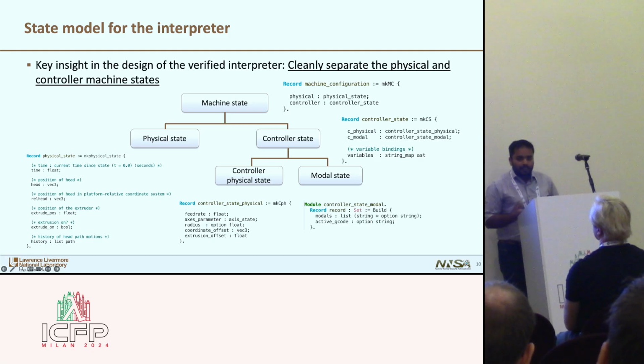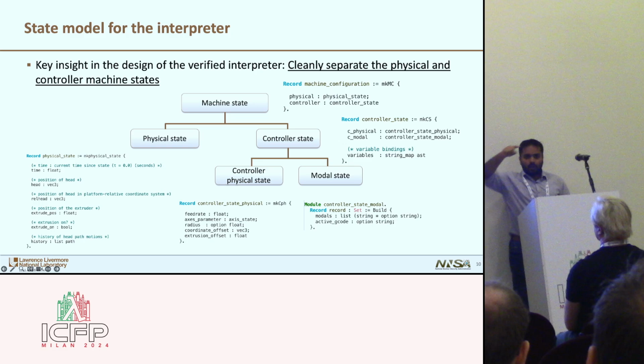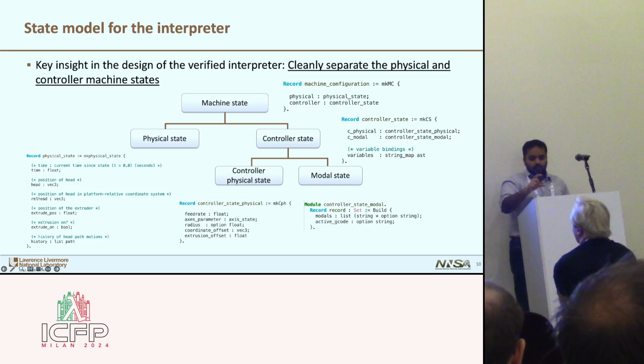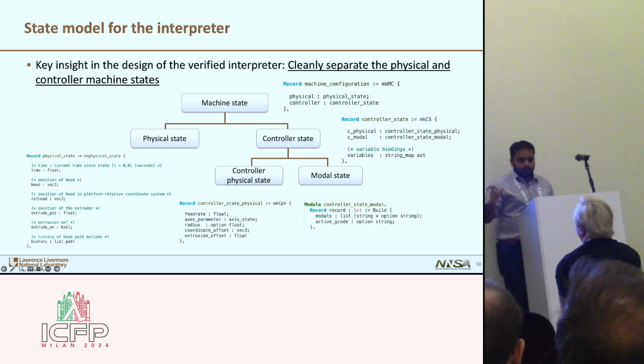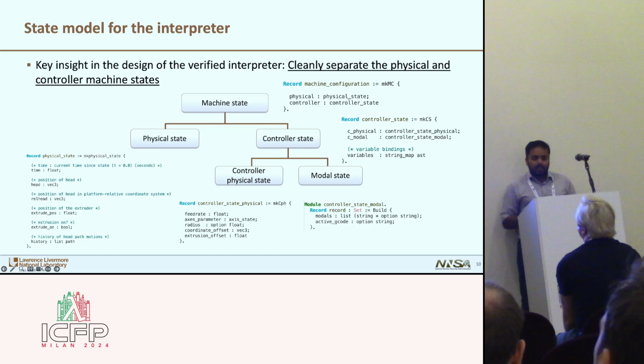Then the modal states essentially define the transitions that happen between the purely modal commands, like between, let's say, G90 and G91, and then G93, G94. All those transitions are tracked by this modal state, and it also maps a mode in a modal group with associated G commands. So as you can see, we have this clean separation between the physical and the controller states, which was really essential in the design of a verified interpreter.